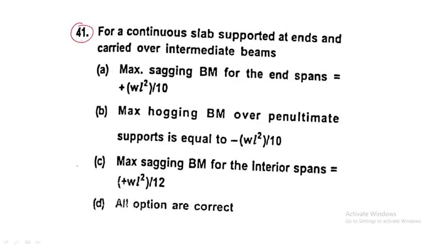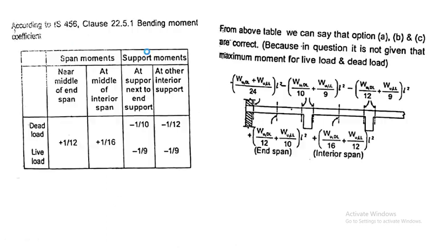Next question. For a continuous slab supported at the ends and carried over intermediate beams, what has to be done? So, the maximum sagging bending moment for the end spans. To understand this, you first have to understand what they are actually telling.